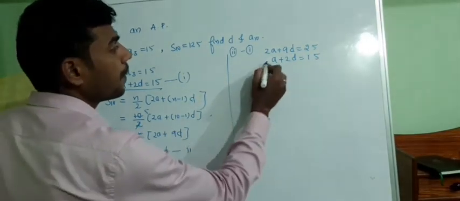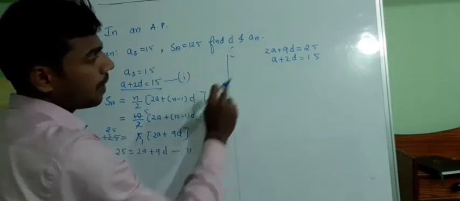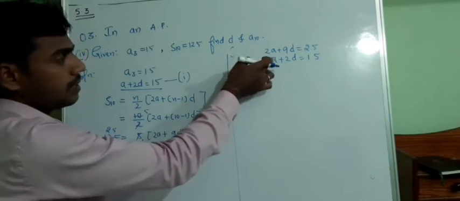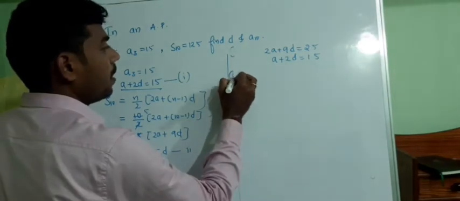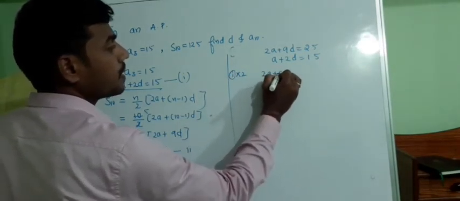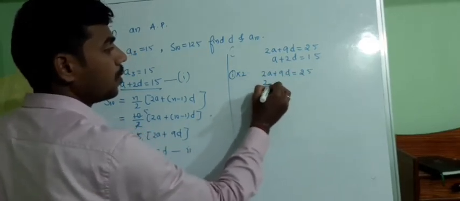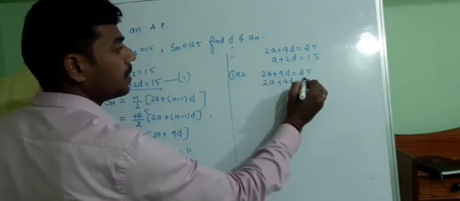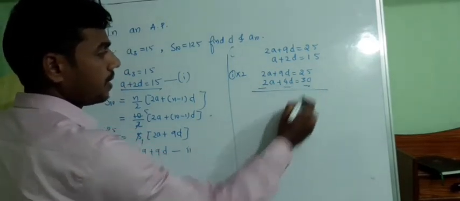To solve that, we need to multiply equation 2 with 2 so that we can make these terms equal. So 2A plus 9D is equal to 25, and 2A plus 4D is equal to 15 2s are 30. Fine. Minus, minus, minus.